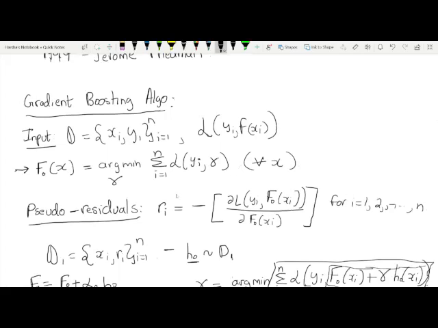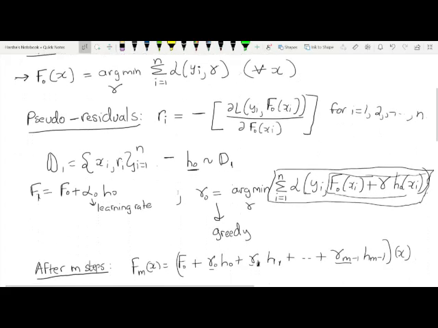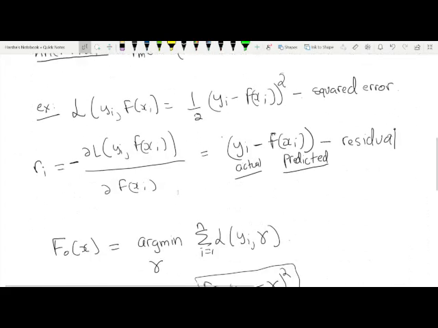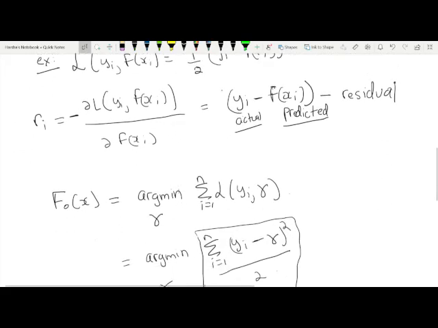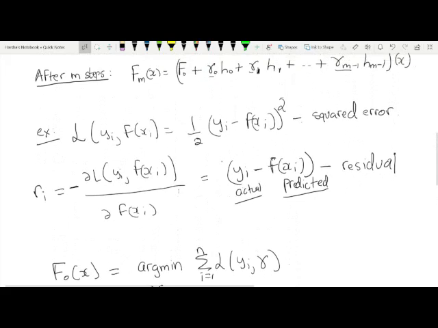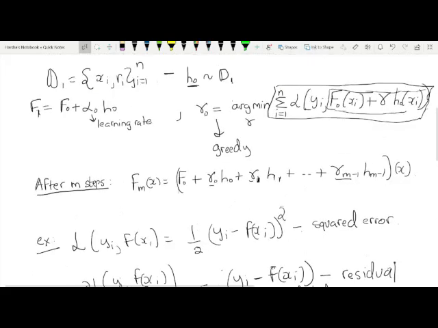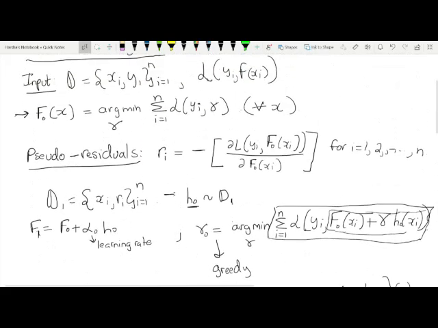So this loss function is the originating point for all the terminology here, and hopefully you've understood why pseudo residuals are called what they are.